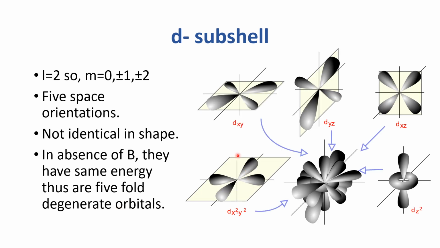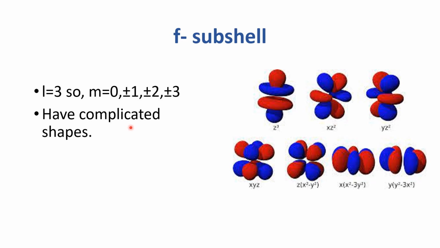So here you can see they are 5 space orientations और इनकी जो shape है they are not identical, हर एक की जो shape है वो different है. So next is f subshell. For f subshell L equals to 3, so m की values होंगी 7, 0, plus 1, minus 1, plus 2, minus 2, plus 3, minus 3. Have complicated shapes. So here you can see f subshell have very much complicated shapes.